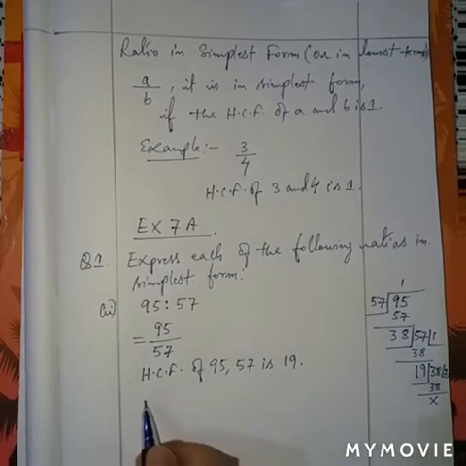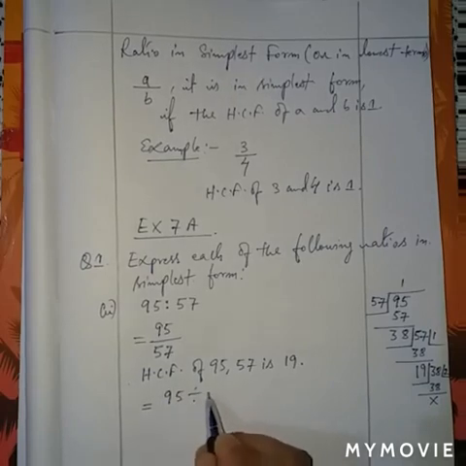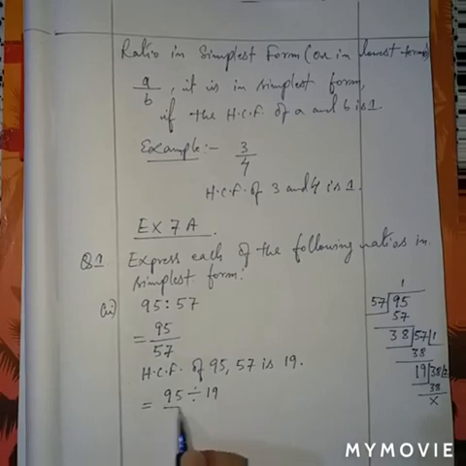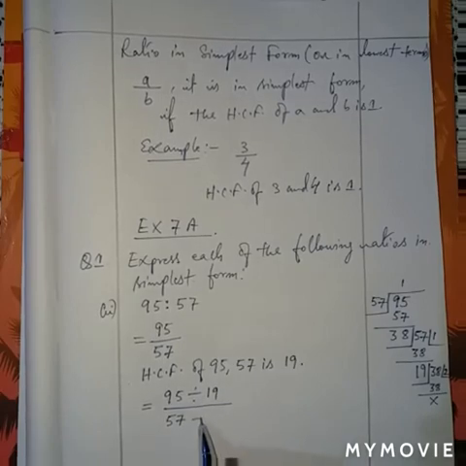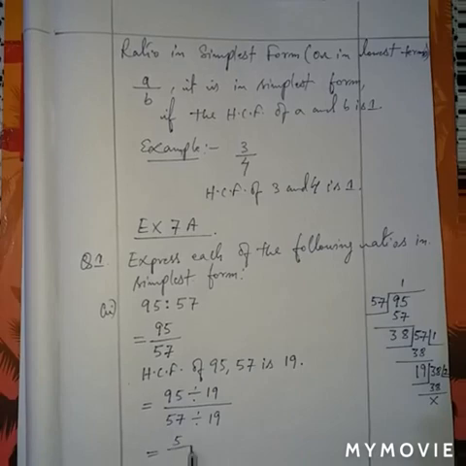So we can find the simplest form of this by dividing by 19 to the numerator and by 19 to the denominator. So 19 5s are 95 and 19 3s are 57.